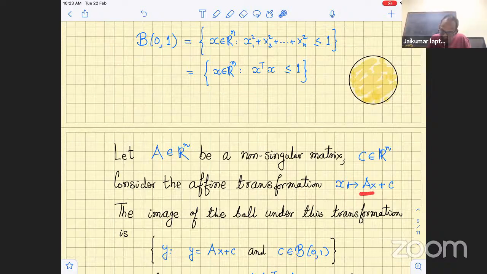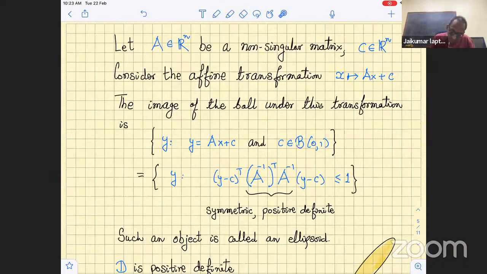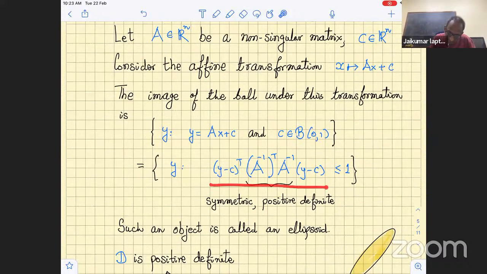Now this linear transformation might stretch this ball in some funny way, and what you get can be written like this. We are looking at all those points y such that y is of the form Ax + c, where x comes from the ball.